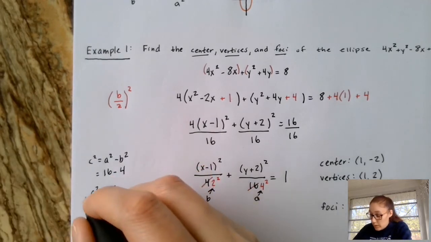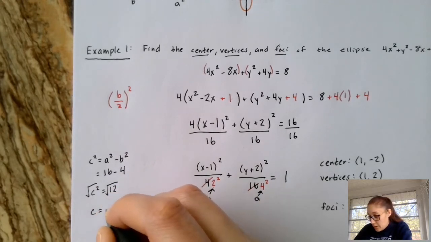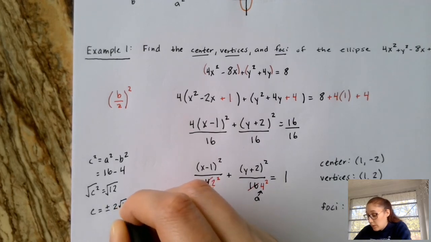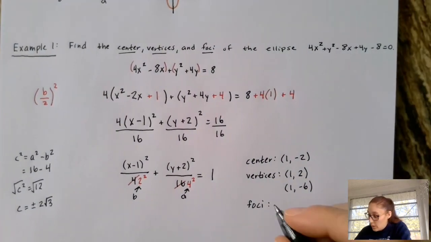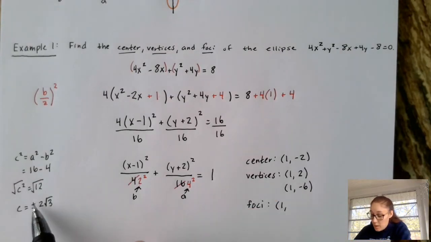Well, I want to square root both sides. So c is going to be plus or minus, and square root of 12, I can rewrite that as square root of 4 times 3, so that reduces to 2 radical 3. Always, always, always simplify the radicals, always. Okay, so what I'm going to do now for my foci, I'm going to do negative 2 plus 2 radical 3. Now that number, if I put it in the calculator, is going to give me a decimal, and I don't want to round.